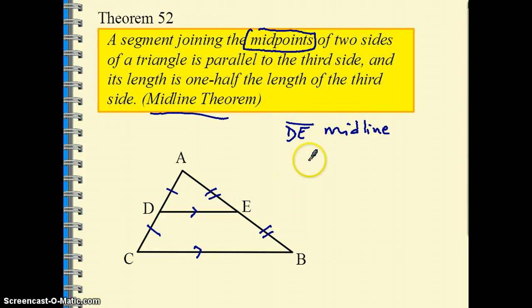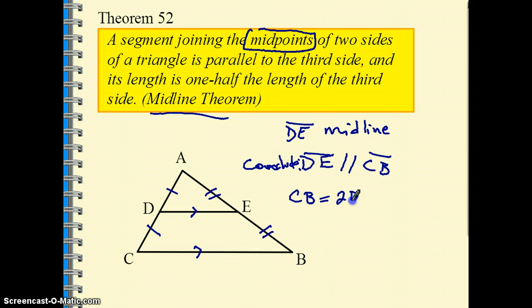Well, this theorem tells us that right away we can conclude that DE is parallel to CB. And that looks like an M, but it's an N. So we can conclude that DE is parallel to CB. We can conclude that the measure of CB is equal to twice the measure of DE.